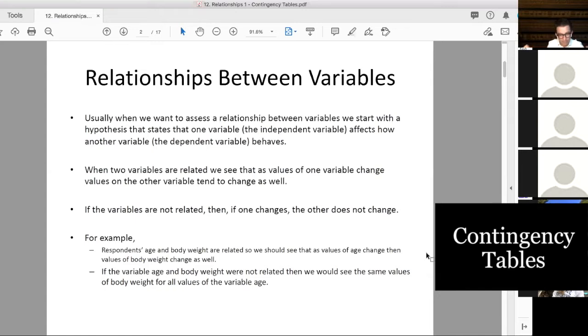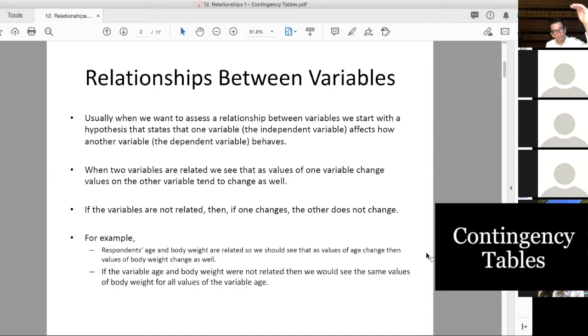So now, for example, if we want to see if respondents' age and body weight are related, right? And they are. Children, of course, tend to weigh less than adults, right? They have less body weight. So we should see that as age changes, body weight also changes.